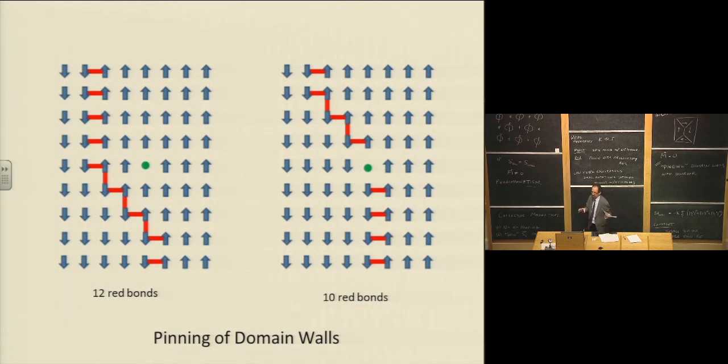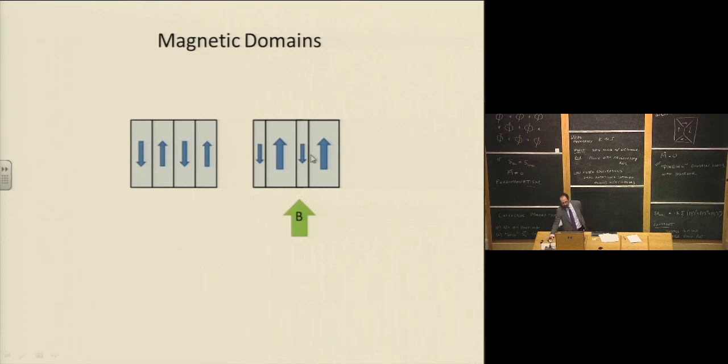By putting defects in the system, once the domain walls are in this configuration, you take away the magnetic field, but then they can't move back because they would have to give up some energy to move back to their original position, because they're stuck on the defects. Okay? That's the general physics of how you make a real magnet which has m not equal to 0. So far, so good?